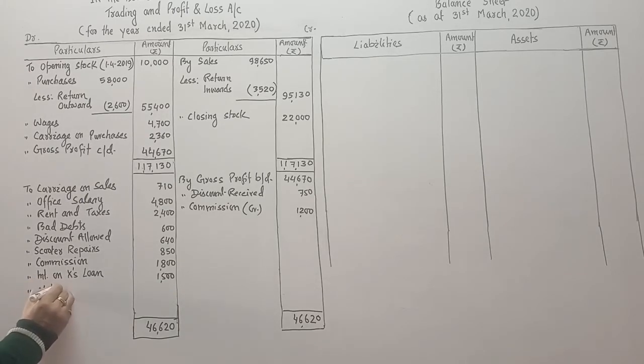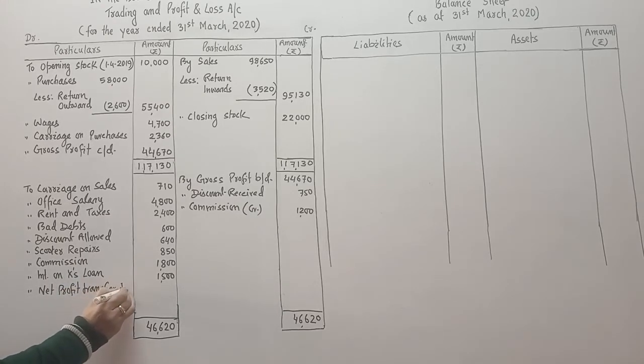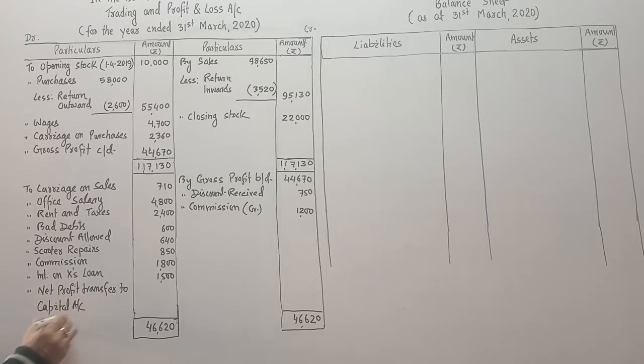This difference indicates the net profit, and it will be transferred to the capital account. This is the balancing figure, which we have calculated.